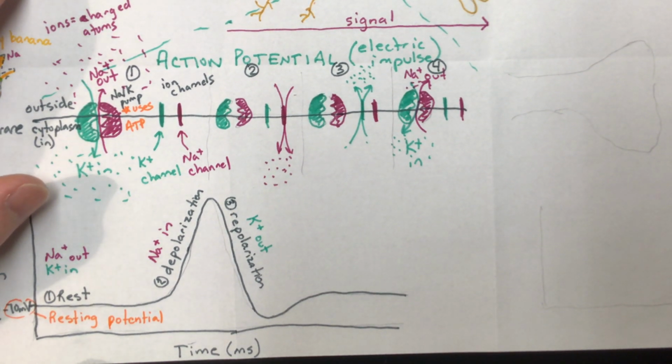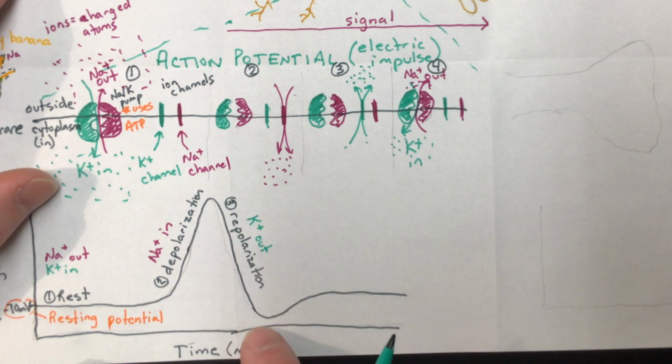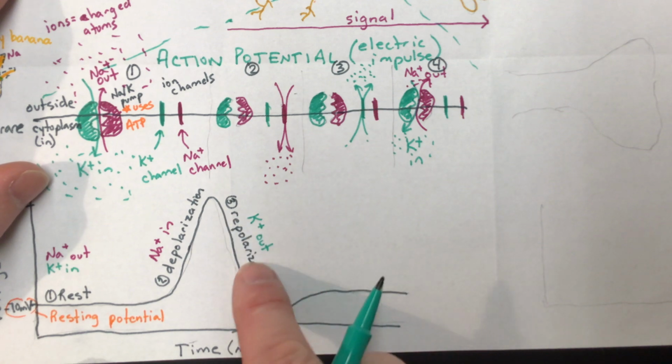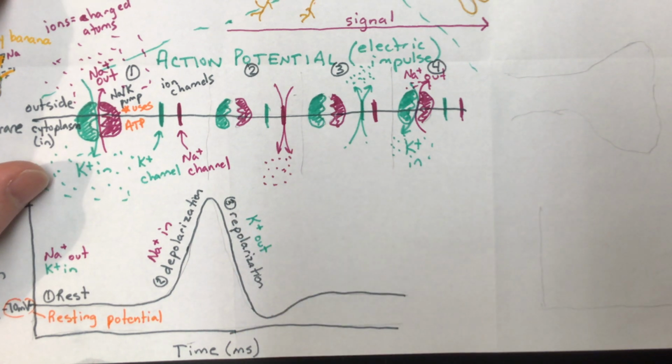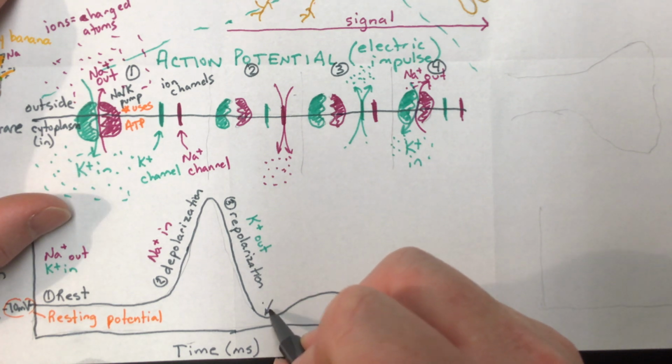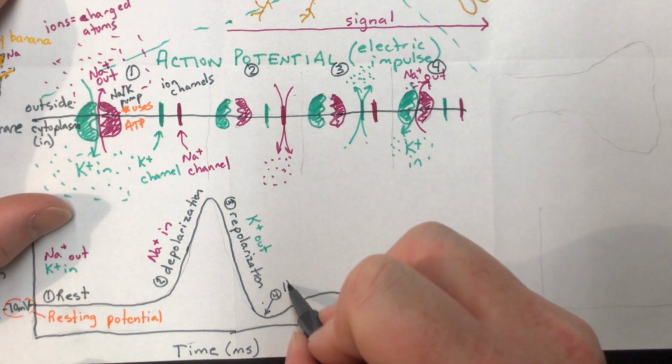What ends up happening is that voltage overshoots the resting potential, and that overshoot is what triggers these potassium channels to close. This part down here is called hyperpolarization.